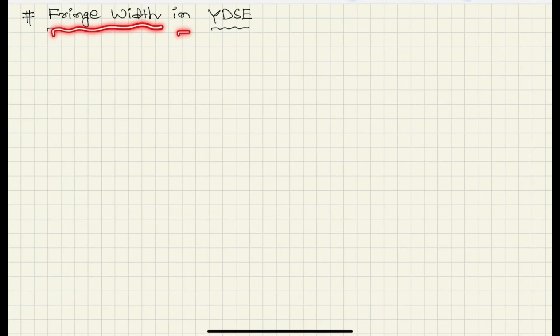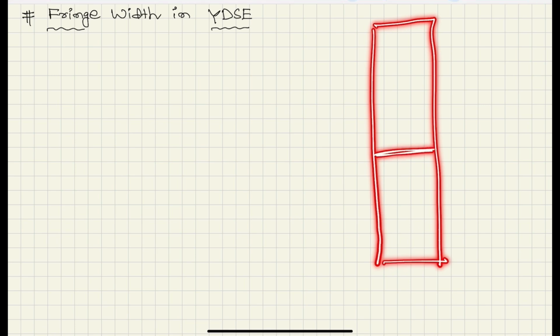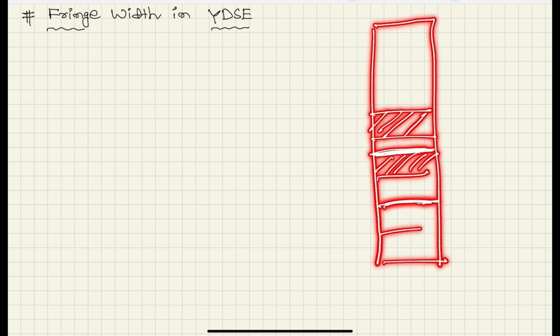Fringe width in YDSE. If you take the fringe pattern, there is the central maximum, next a dark region, again a dark region, next bright, next dark, on either side bright, dark.